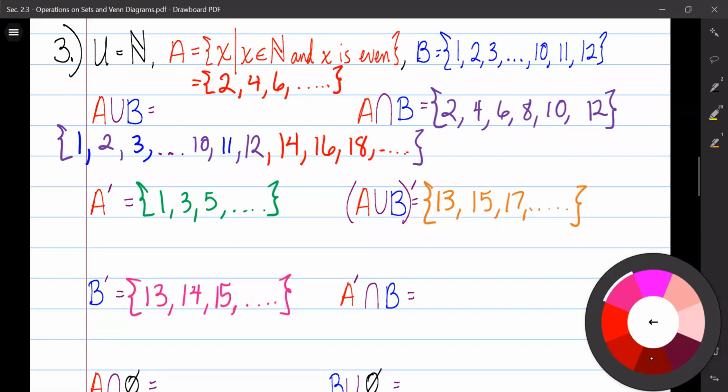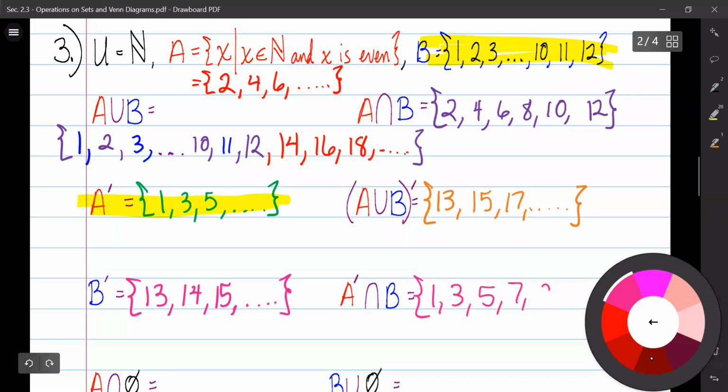So now that I've already done that, I can just look at A complement and look at B, and then write down a list of everything that those two sets have in common, which would be what? 1, 3, 5, 7, 9, 11.